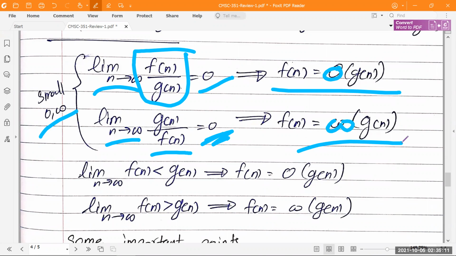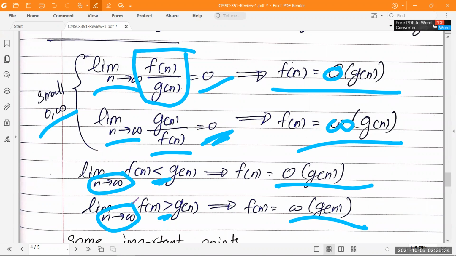You can convert this and write it in another way: if f(n) is smaller than g(n), it is small o g(n); if f(n) is larger than g(n), it is small omega g(n), and these limits should hold when n goes to infinity. So this is small omega.